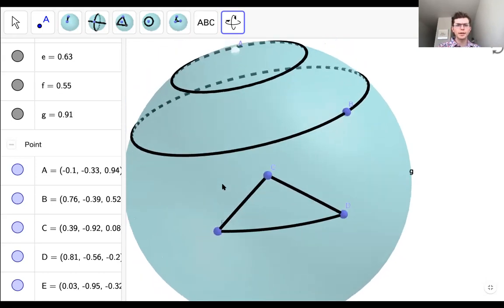The extreme case that we did last time was the case of the equator, 1 point on the North Pole and 2 points on the equator. In that case, the angles had to add up to 270 degrees. In general, it doesn't have to be 270. It can be less than 270, but usually it will be more than 180.